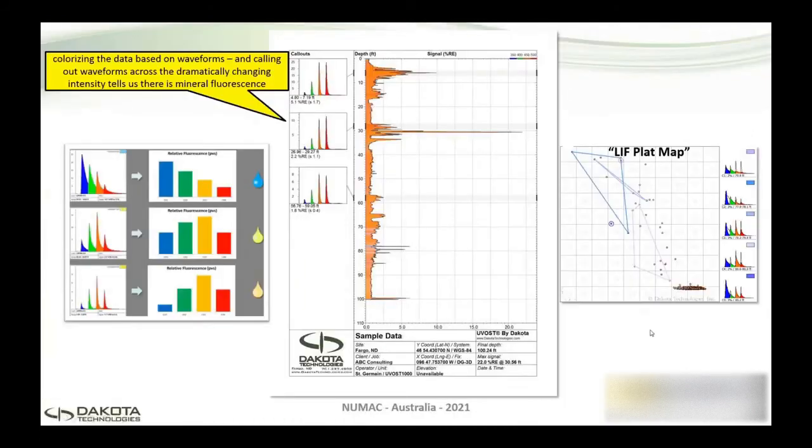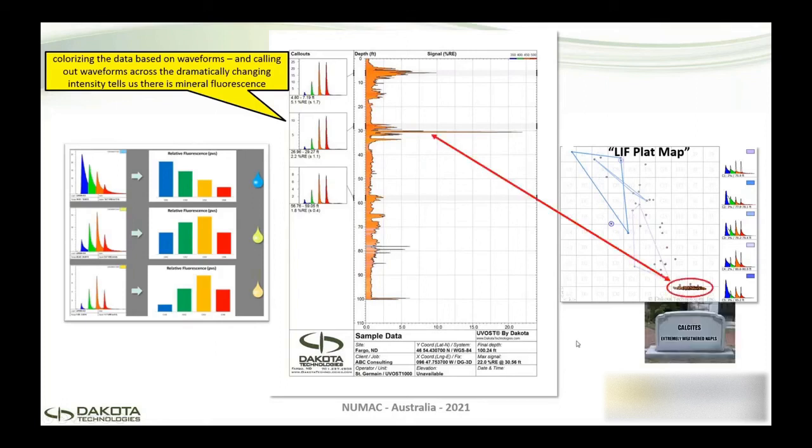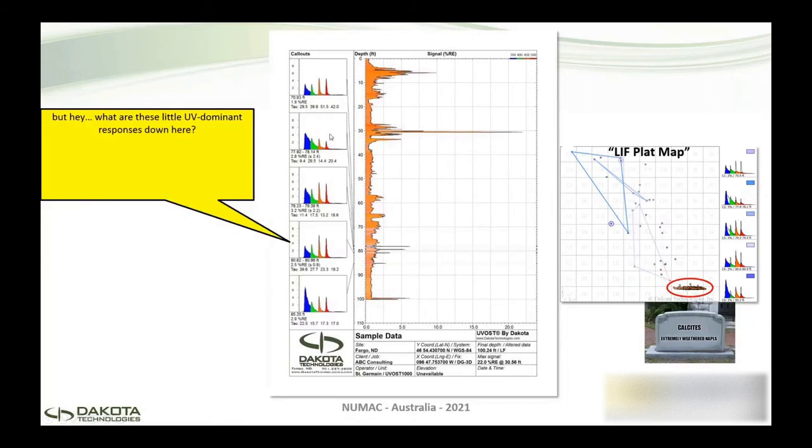Here's that cluster diagram now, okay? This is all of these signals, no matter if they were intense or not, they're the same type of fluorescence, so they cluster in the same spot. But some of the waveforms weren't in the home cluster, and they were down here, and the operator actually saw that and called those out.